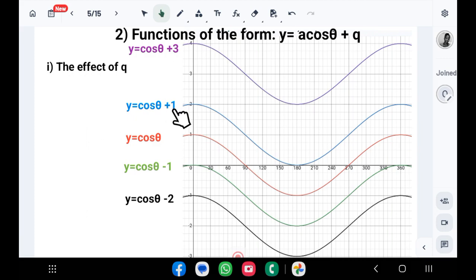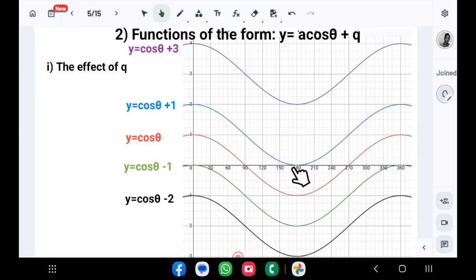When your q is equal to 1, this is what the blue graph now gets. Everything is shifted 1 unit up. Look, this maximum turning point from the beginning is shifted only 1 unit up, so it lands at 2. The x-intercept at 90 degrees is shifted 1 unit up.